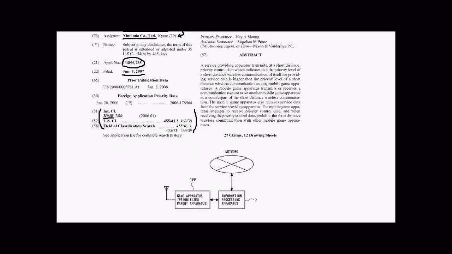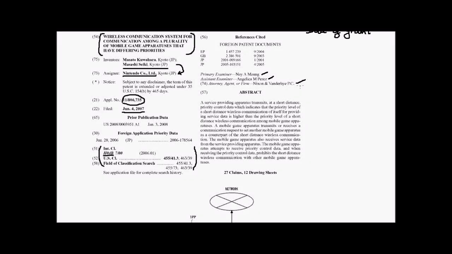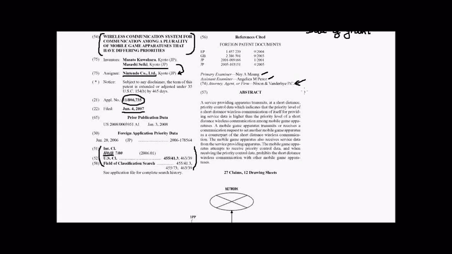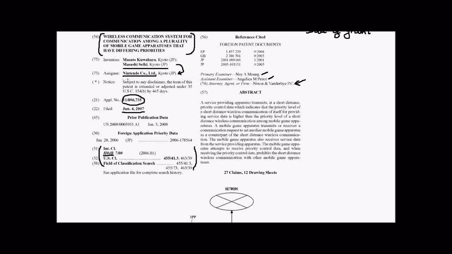Now there are other important pieces of information, for example the primary examiner and the assistant examiner information, as well as the attorney related information. These are the people, the lawyers who have filed this invention or patent on the behalf of their client.